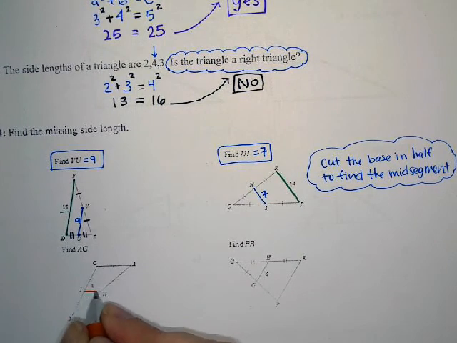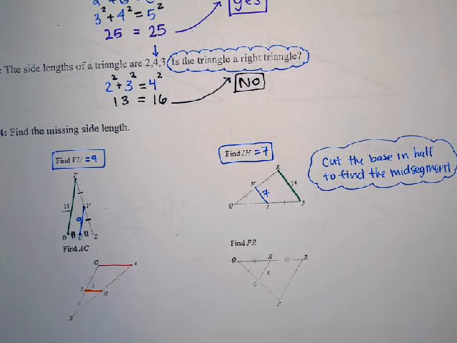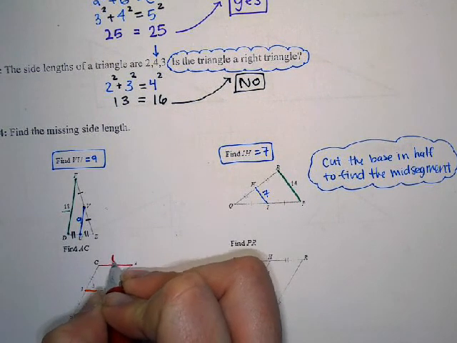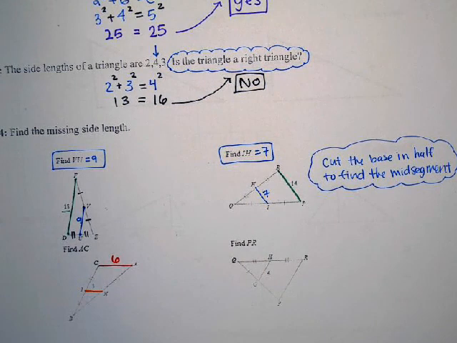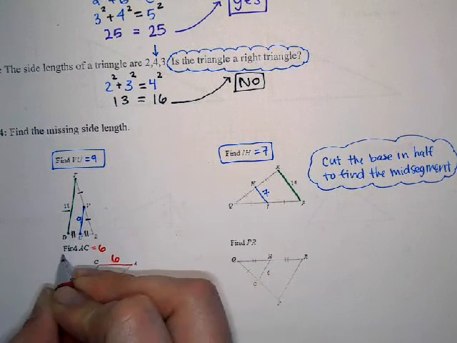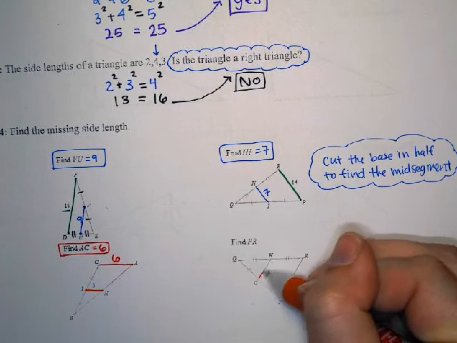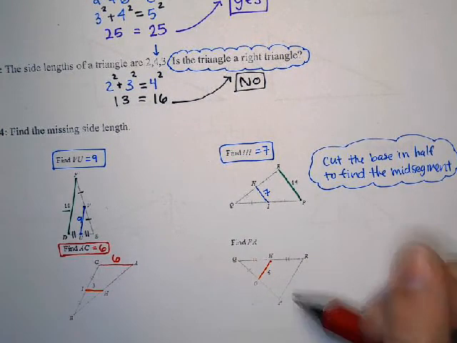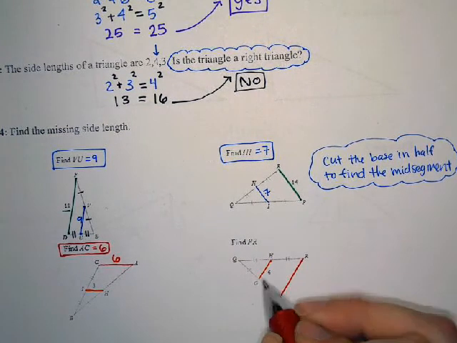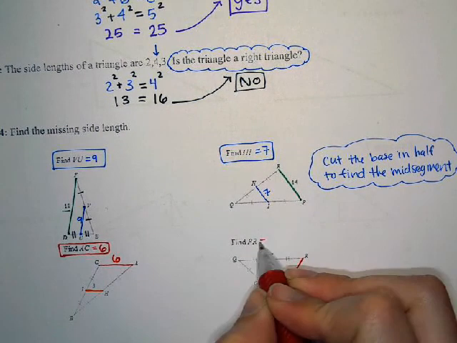What if they give me that this little mid-segment is a 3? What will the base equal? Six? If this is a 6, then this will be a 12.